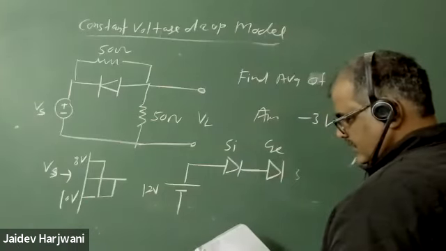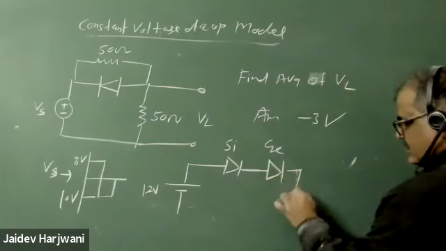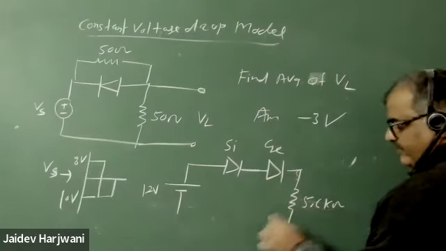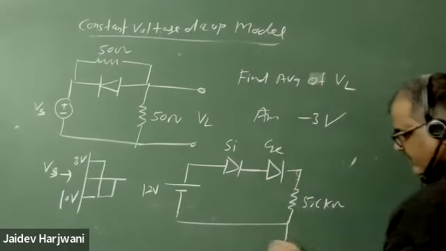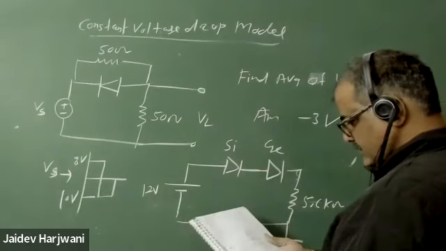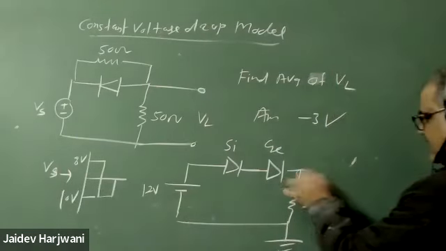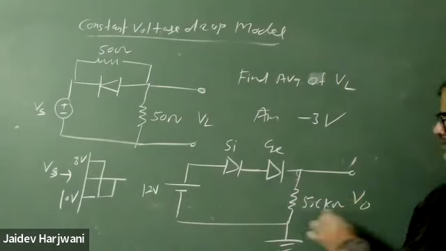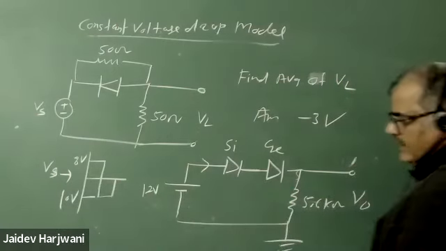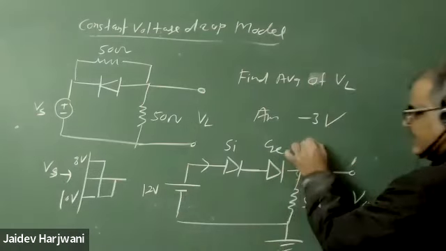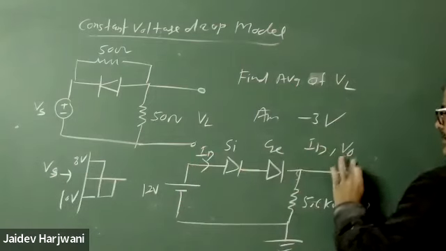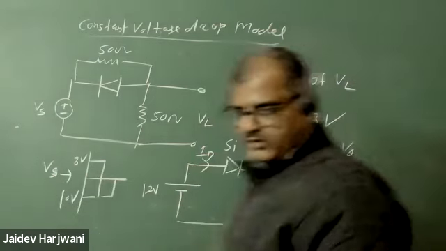And then you have a 5.6 kilo ohm resistance here, and this is grounded. Here I'm measuring V naught, and this current is flowing here. So you need to tell me what is ID in the circuit, current ID, and what is V naught. This is your homework.